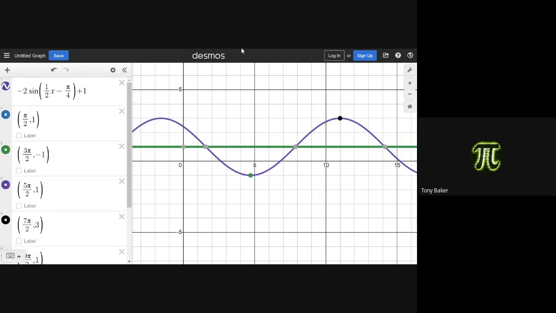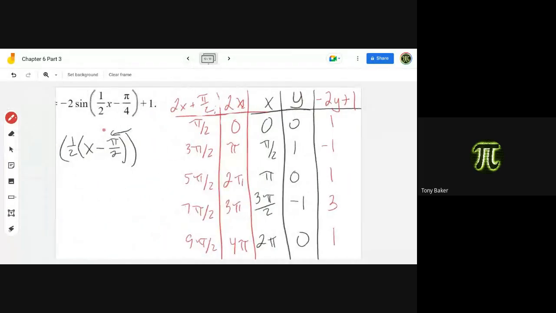Where did we see the pi over 2 here? It's this number right here, right?